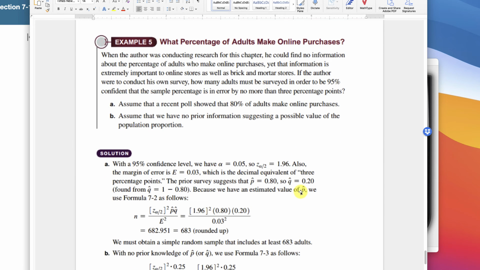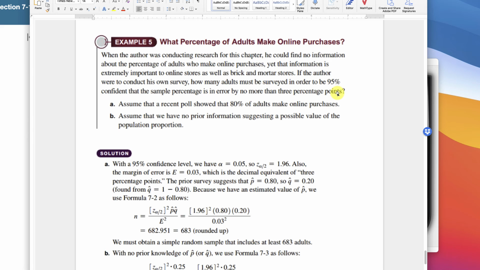All right, so let's look at an example. When the author was conducting research for this chapter, he could find no information about the percentage of adults who make online purchases. Yet the information is extremely important to online stores and brick and mortar as well. If the author were to conduct his own survey, how many adults need to be surveyed in order to be 95% confident that the sample percentage is in error by no more than 3 percentage points?